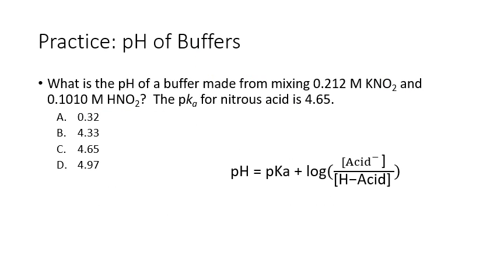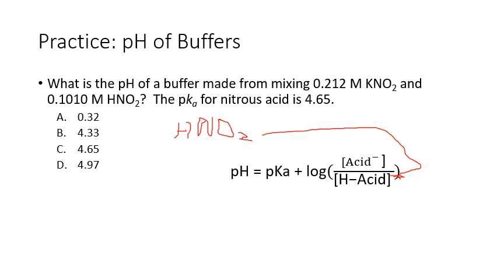So this is just another example here, doing that same calculation. We have two different concentrations. We have a concentration of KNO2 and a concentration of HNO2. So nitrous acid is H plus NO2. So that's the HA form right here. That's going to be this one down here.